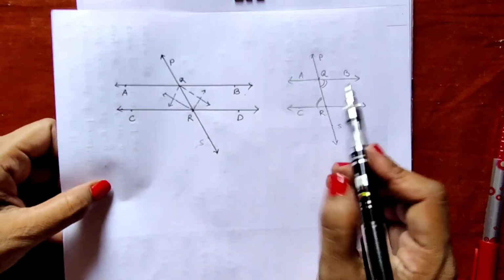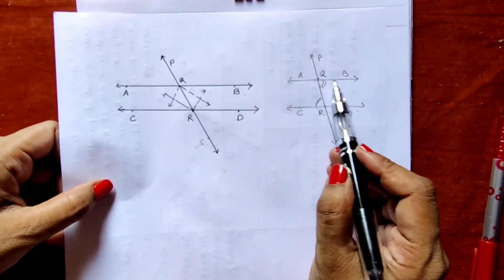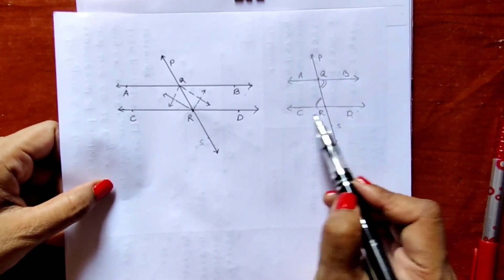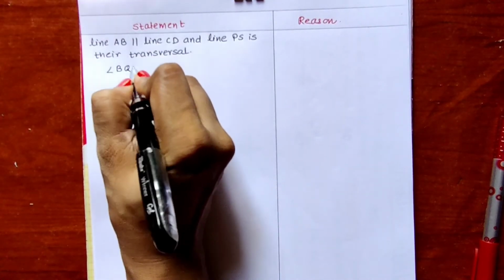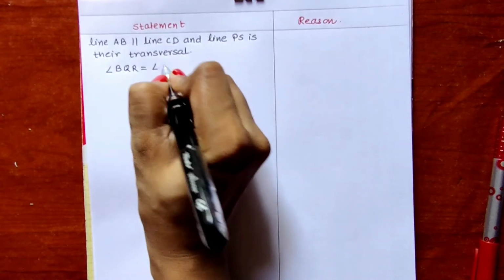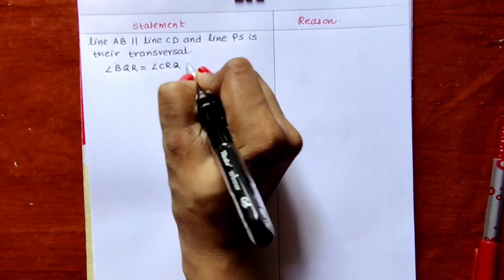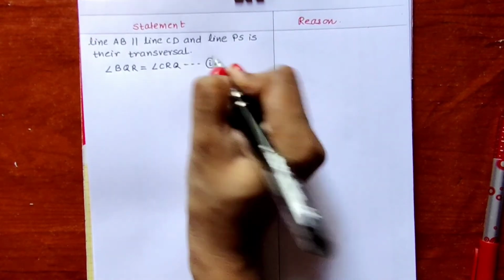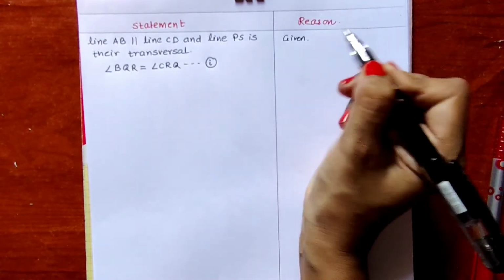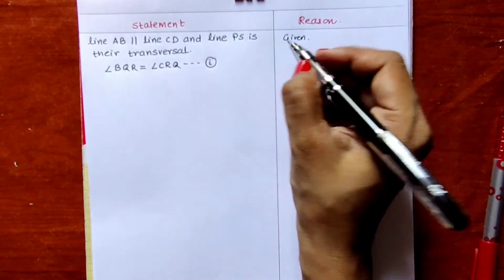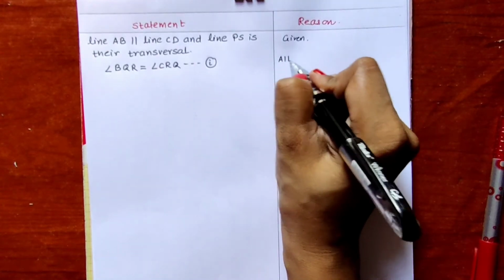As I told you, we will take the first pair, angle BQR and angle CRQ. Angle BQR is equal to angle CRQ. This first statement is given in the question, that's why we write given. For the second statement, the reason is alternate angles.